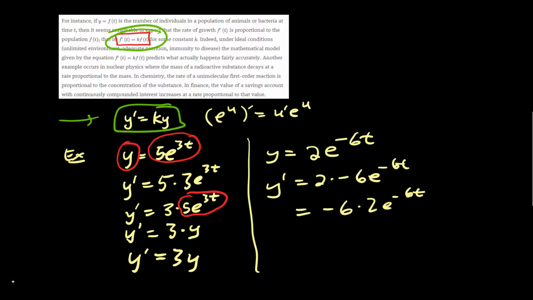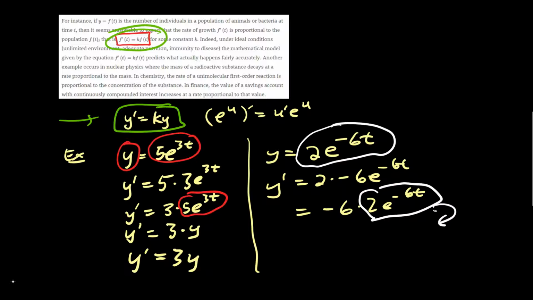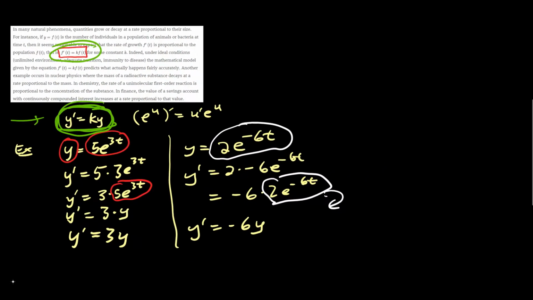All right, so 2e to the negative 6t is sitting right here and here. So I can replace this piece here with just y, and I get y prime equals negative 6 times y. So once again, we get what we had up here, which was y prime equals a constant times the original function. So let's see if we can write this down in general.